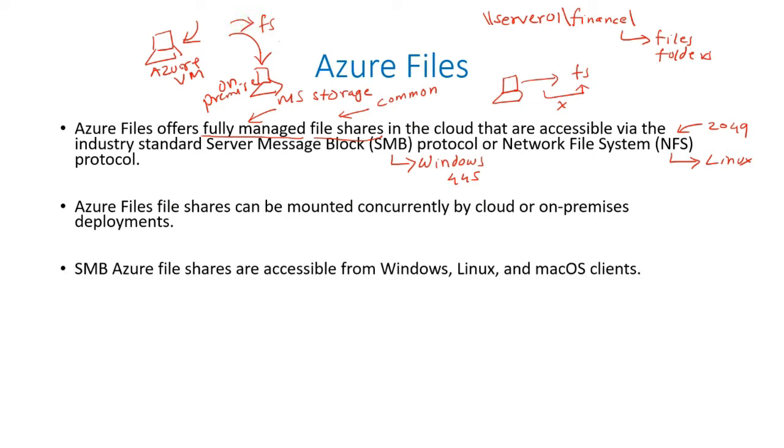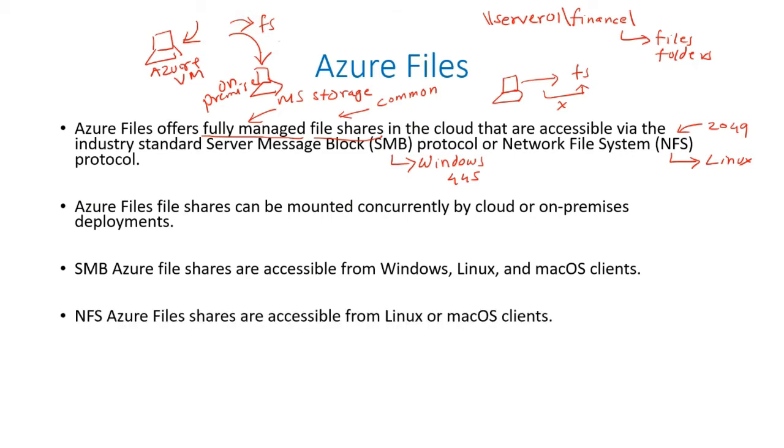SMB Azure file shares are accessible from Windows, Linux and Mac OS clients. There is another file share, the NFS Azure file share, that is only accessible from Linux or Mac OS clients. So there is a difference.